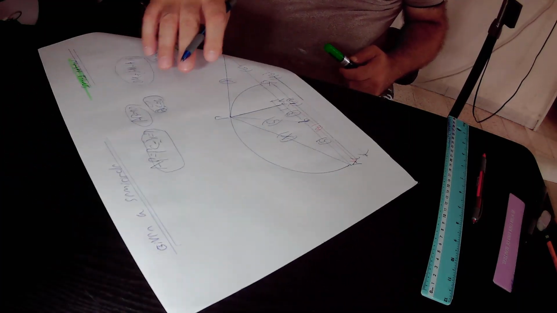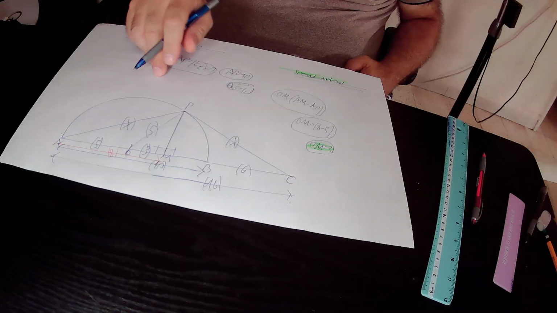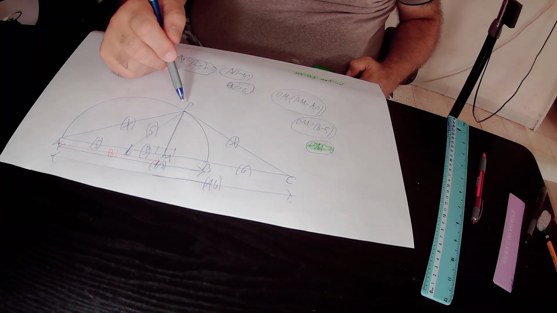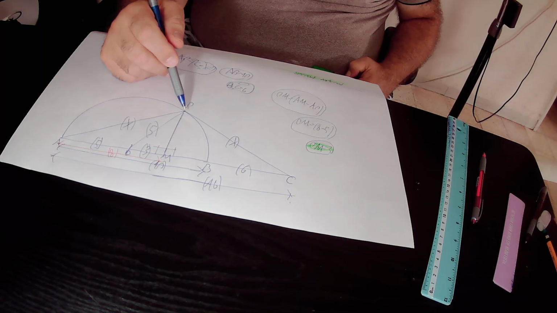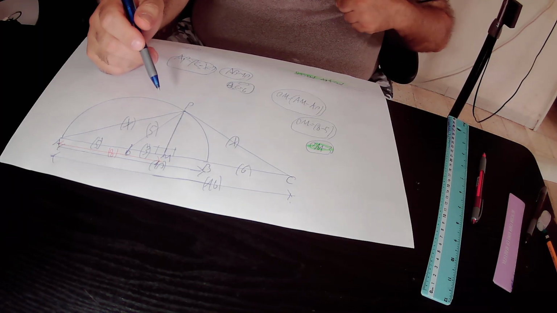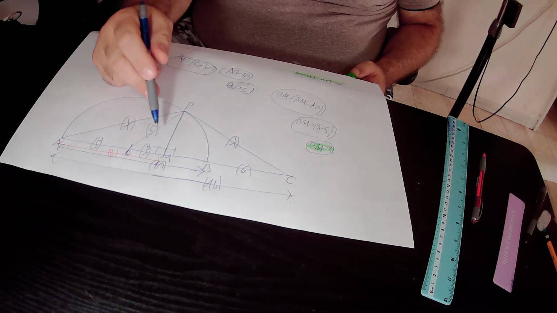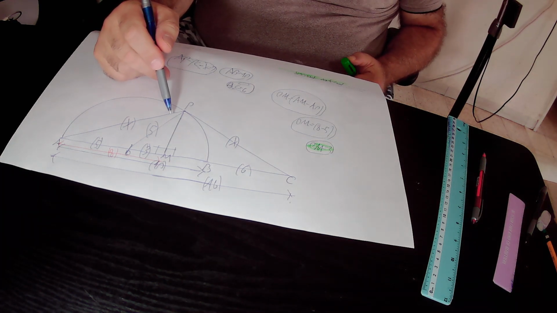In the next step, we'll apply the Pythagoras theorem on the small right triangle POM in order to find out the length of the missing side PM. So I copy the small right triangle POM onto a new page and we'll apply the Pythagoras theorem on it.